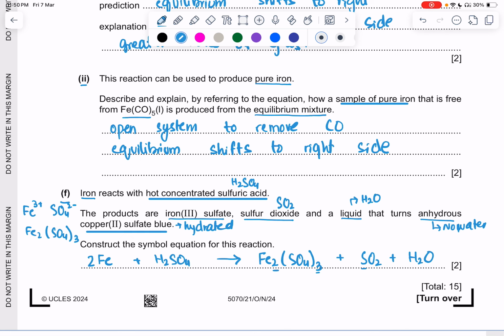Together we can make a number 6 to balance the equation. So 6 sulfur means I have to write 3 here. 3 plus 3 is 6, so sulfur is balanced. Then 6 into 2 is 12, so I can write 6 in front of water to make it balanced. In this way, the equation is completely balanced.